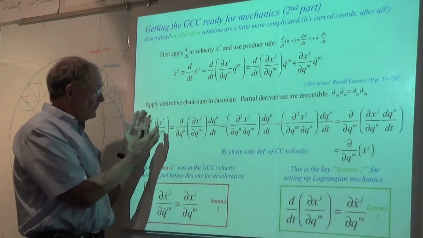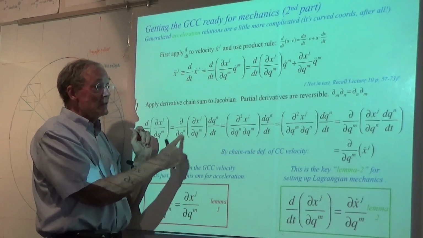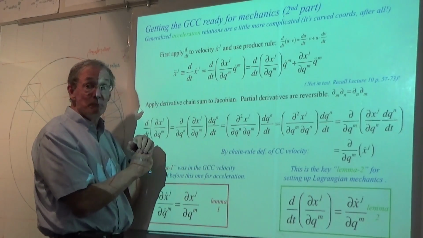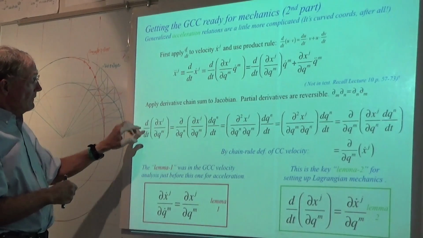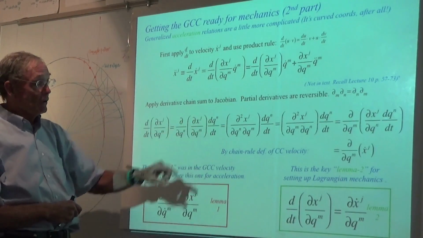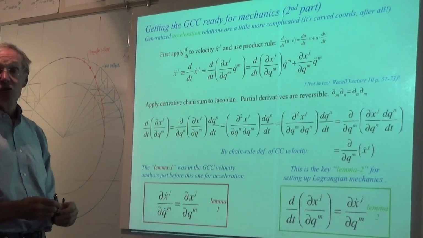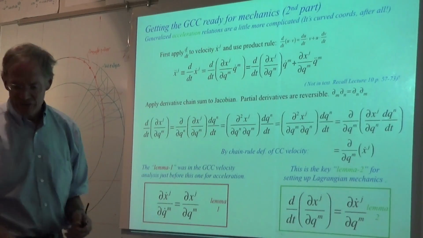If this is f, this would just be partial f with respect to q_n times dq_n. Now it's with respect to time. This would be a differential, that's a derivative. So we're expressing it as a linear combination of all the q derivatives.